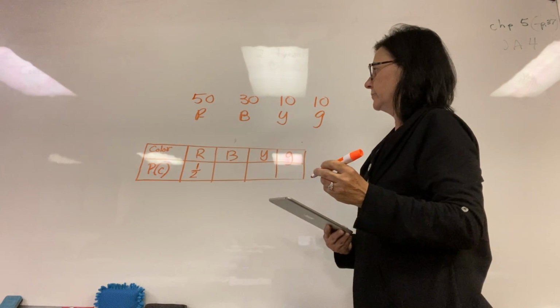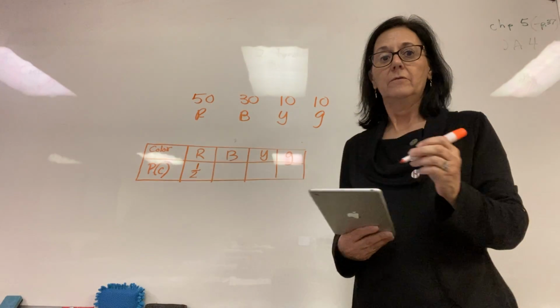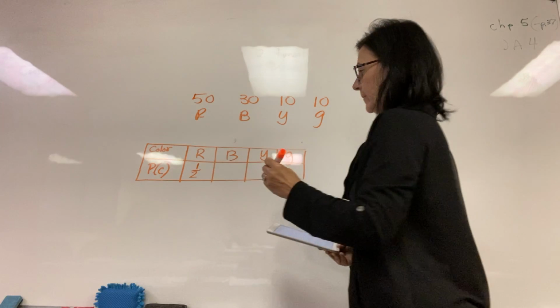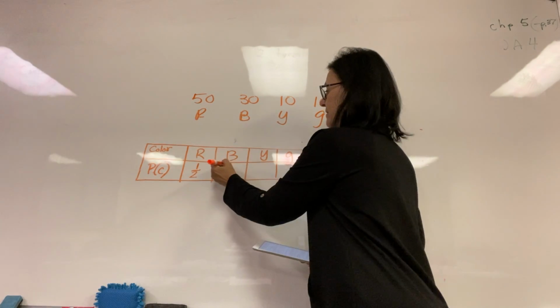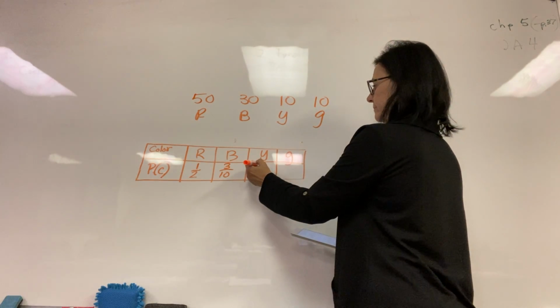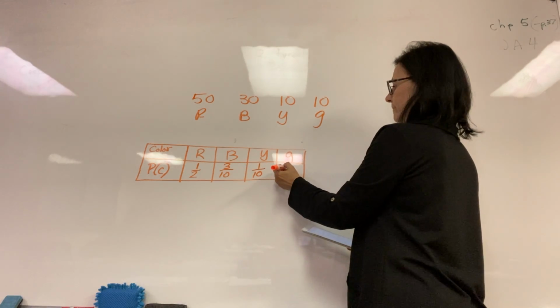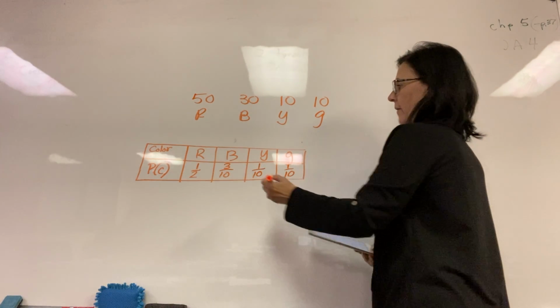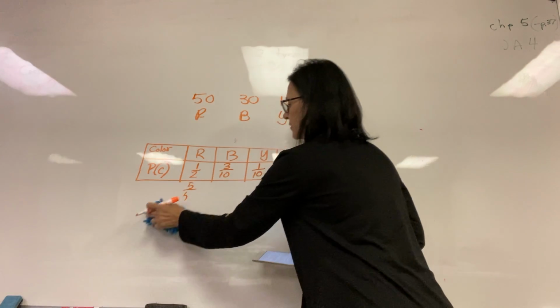What about blue? 3/10. What about yellow? 1/10. What about green? 1/10. Okay, I'm actually going to write that as 5/10 below here just so you can see a point.